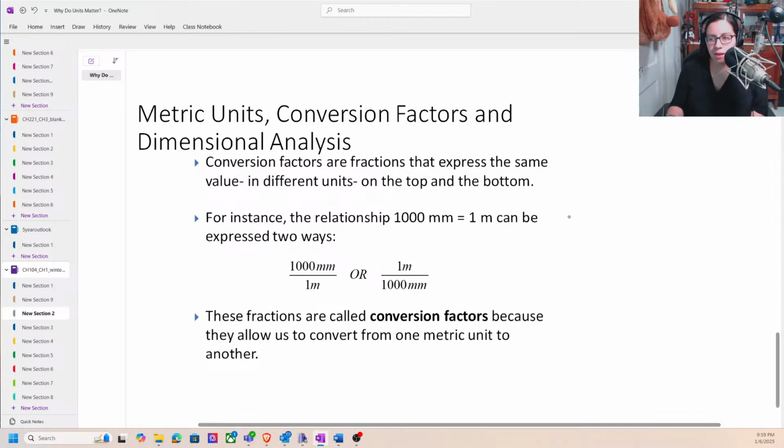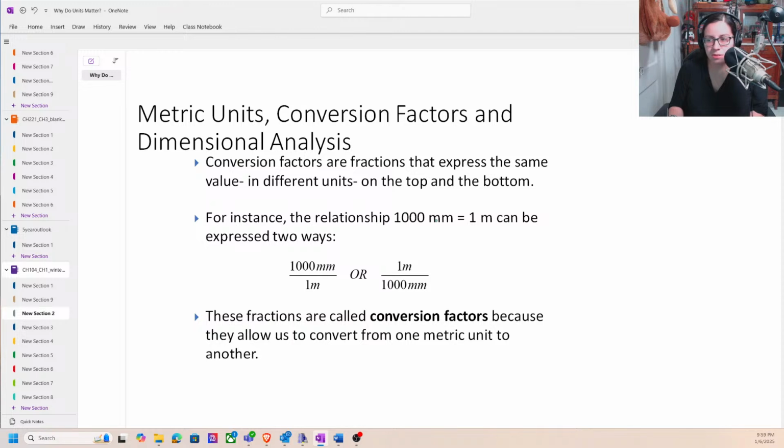And so we have here that there are 1,000 millimeters in 1 meter. And again, it doesn't matter which way you write it. We can write 1,000 millimeters on top or 1,000 millimeters on bottom. It's just a relationship. Just like we can say that 1 dozen would be 12, or any other conversion factor.